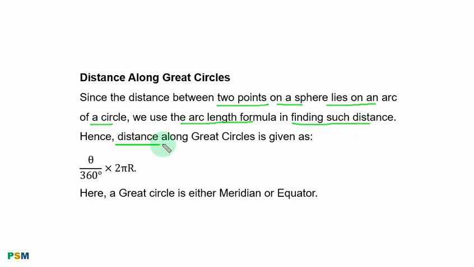Hence, distance along great circles is given as theta over 360 degrees times 2 pi times the radius of the earth. Here, a great circle is either a meridian or the equator.